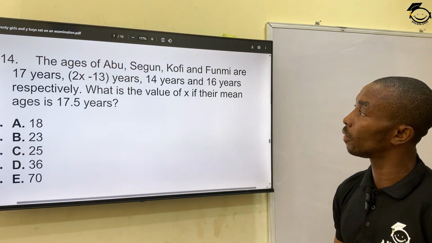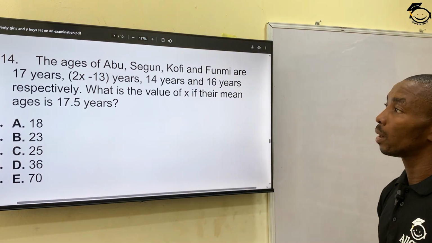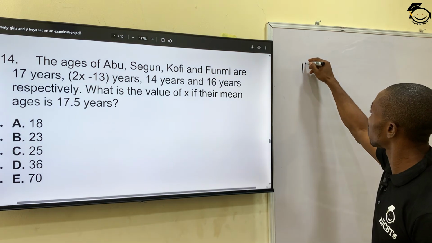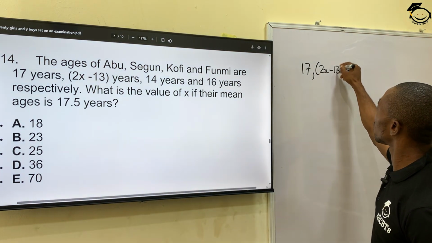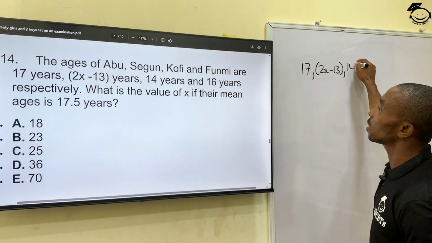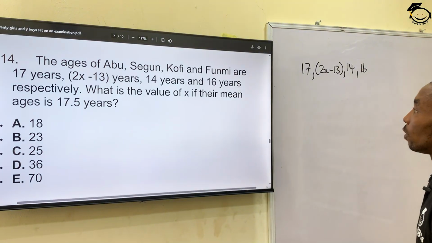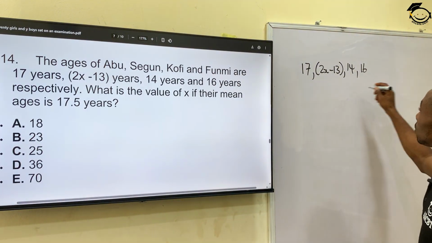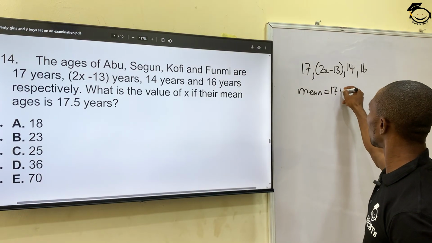The ages of Abu, Shegun, Kofi, and Fumi are 17 years, 2x minus 13, 14 years, and 16 years respectively. What is the value of x if their mean age is 17.5?